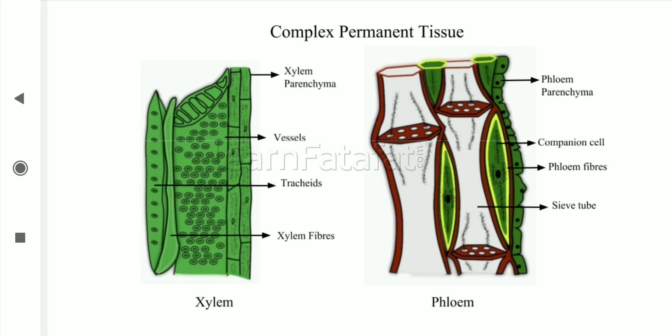Conduction of food. And they are both conducting tissues, as I told you, and constitute a vascular bundle. Children, see the picture in your book. I am going to tell you first about xylem.